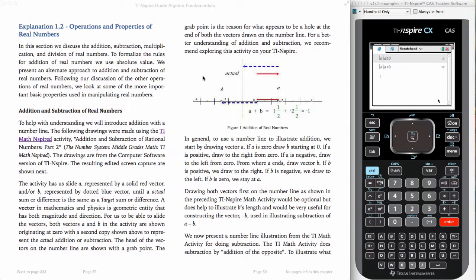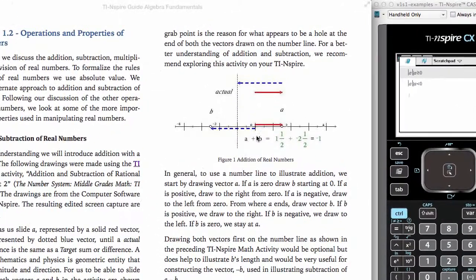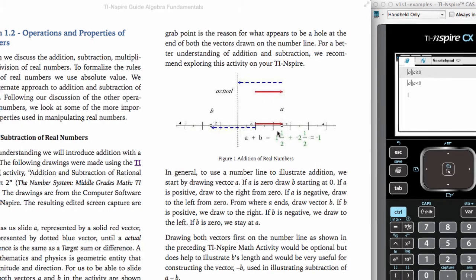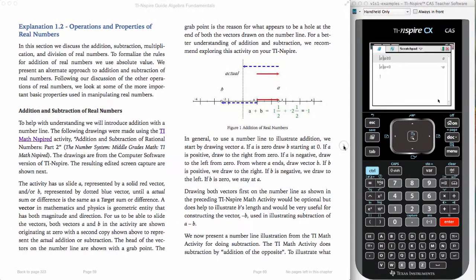Moving on to Chapter 2, the TI-Nspire has different activities provided by Texas Instruments. This is an activity where they show you vectors that relate to positive and negative numbers and how you will hit the heads and tails together to come up with the results when you add.